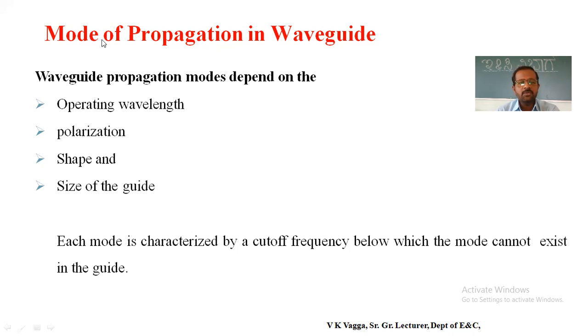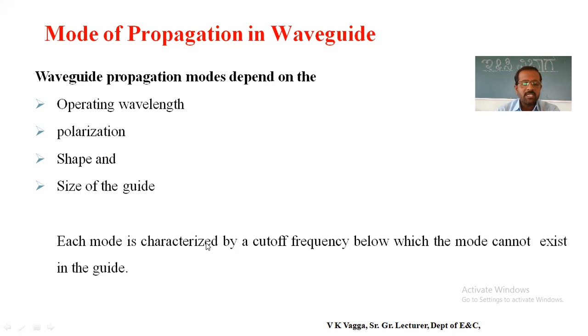All these four parameters are important in order to determine the mode of propagation in the waveguide. So the propagation mode depends on the operating wavelength, the polarization, the shape, and the size of the waveguide.